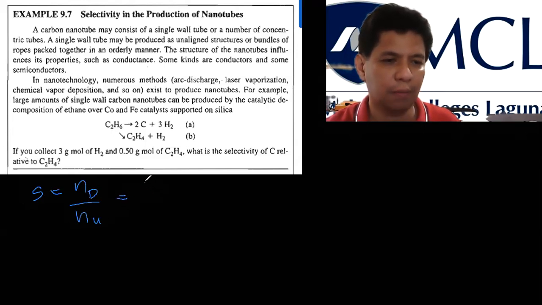So basically, this is number of moles of C all over the number of moles of C2H4, undesired product.